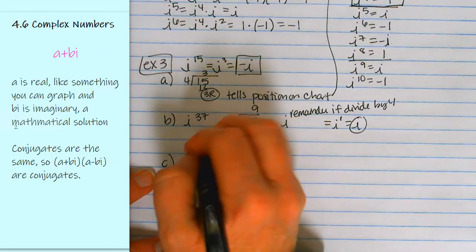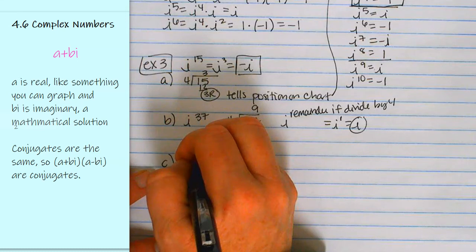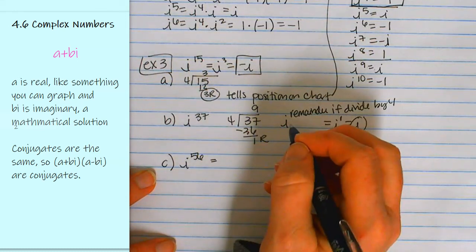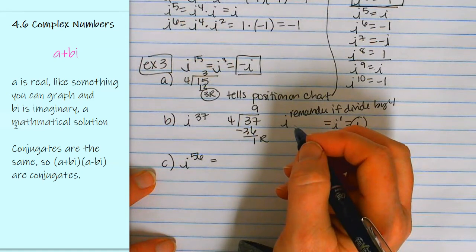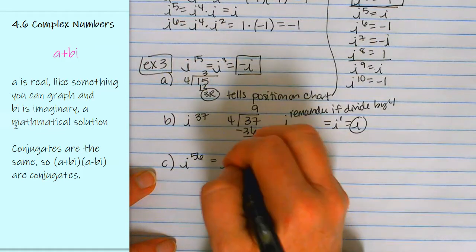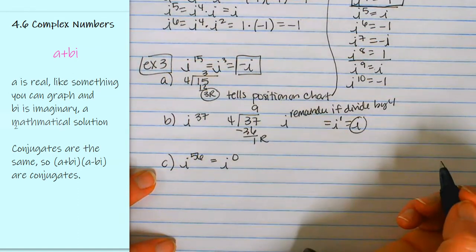So let's say we have i to the 56 power. Divided by 4, that's 14, and then we have a remainder of 0. Well, what is anything to the 0 power?